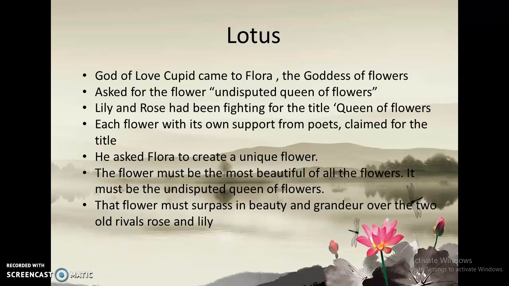And he asked Flora to create a unique flower. He requested Flora that the flower must be the most beautiful of all the flowers. It must be the undisputed queen of flowers. The flower must surpass in beauty and grandeur the two old rivals, Rose and Lily.